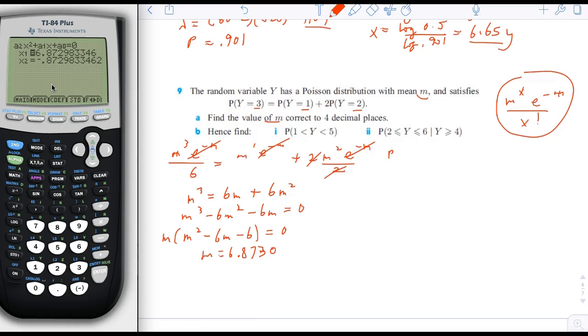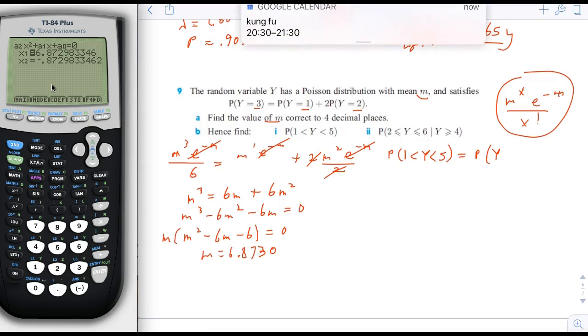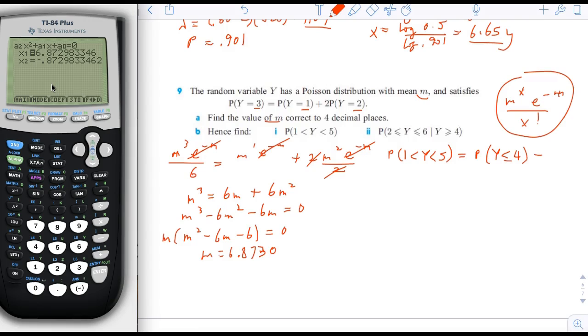We could do the probability that y is between 1 and 5, not including 1 and 5, is equal to the probability that y is less than or equal to 4 minus the probability that y is less than or equal to 1. Okay? So that's true, right?